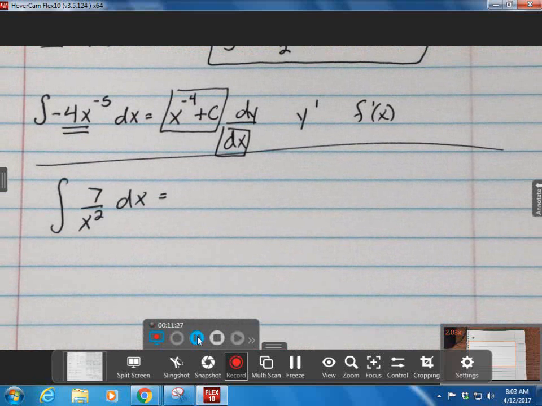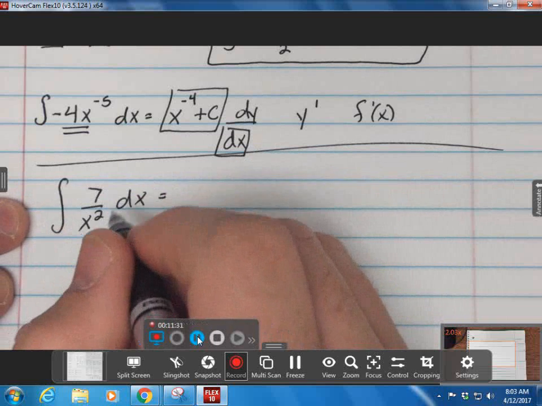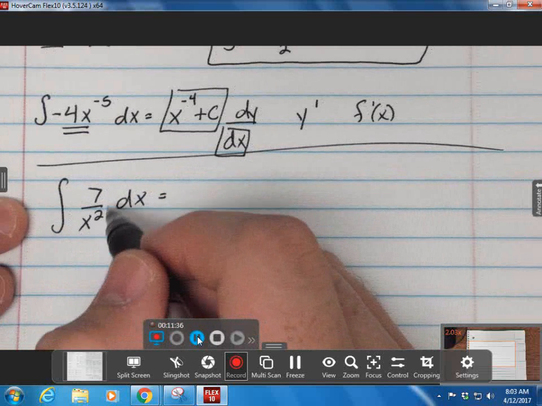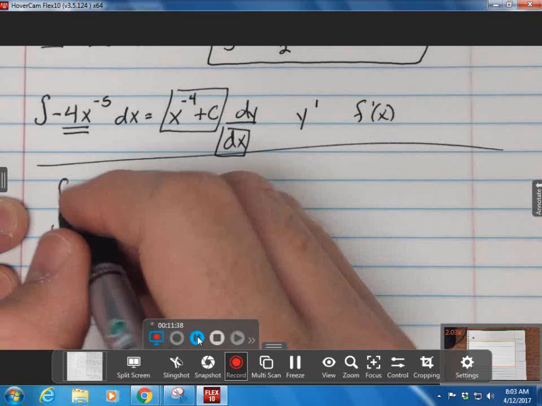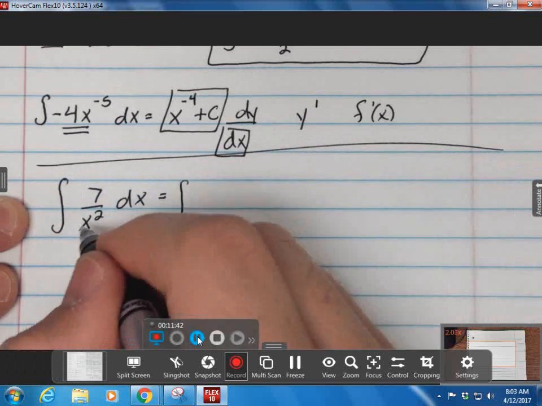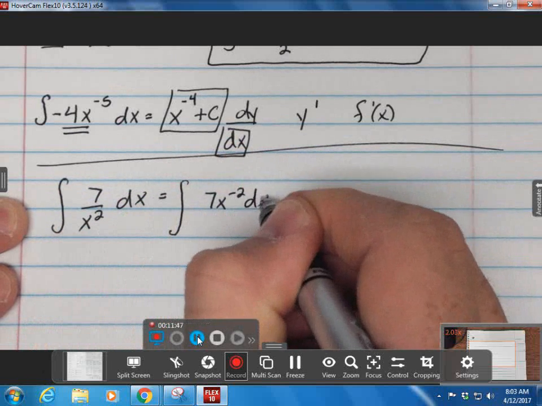Next one, the integral of 7 over x squared with respect to x. On these, they look a little bit harder because the x squared is on the bottom, so put the x squared on top. If it doesn't look like a problem that we've worked thus far, make it look like that. X squared, when moved to the top, becomes x to the negative 2. Now it's the same thing.